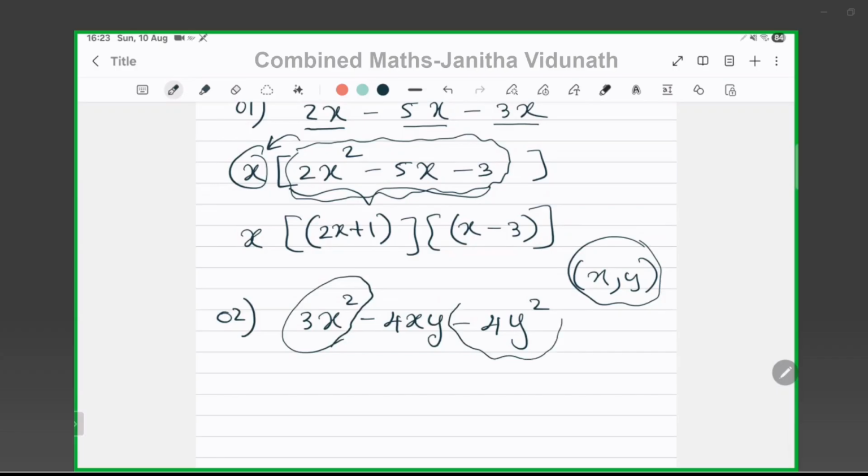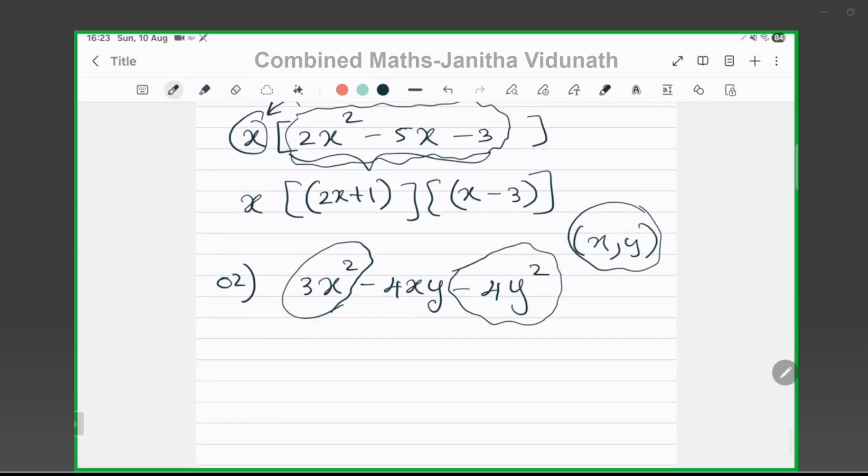we take the first term with x square and the last term with y square and multiply those two. Then we get 3 times x square times minus 4 times y square, which gives minus 12 x square y square.